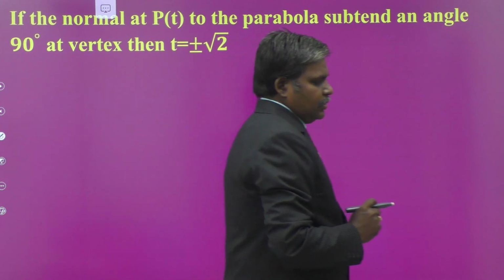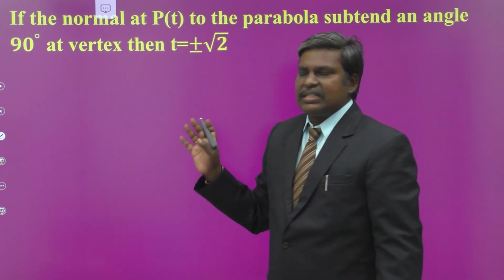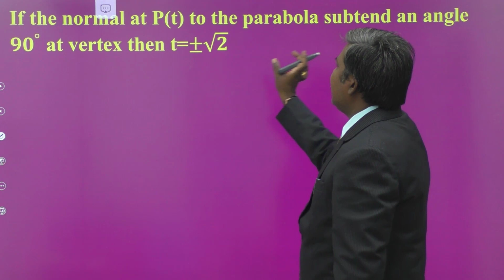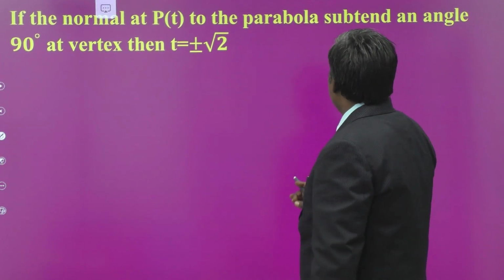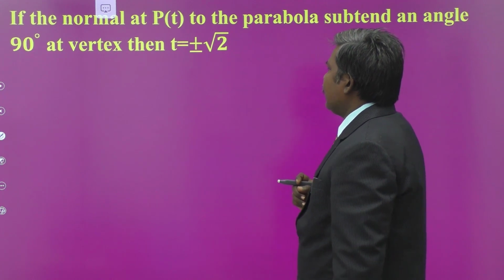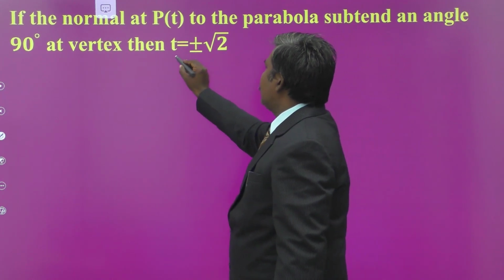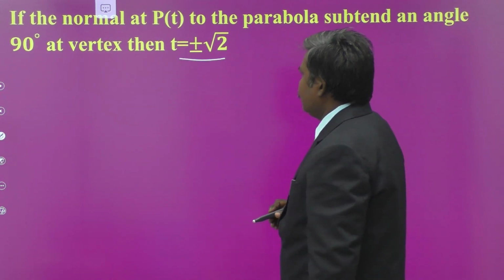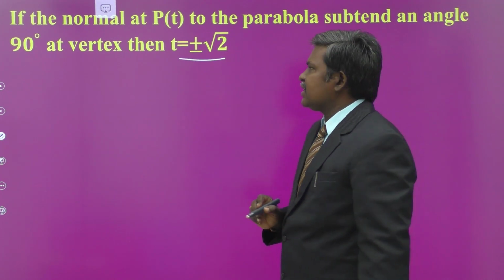See here, this is also a very important result for you. If the normal at P of t to the parabola subtends an angle 90 degrees at the vertex, then t equals plus or minus root 2. What is the result?